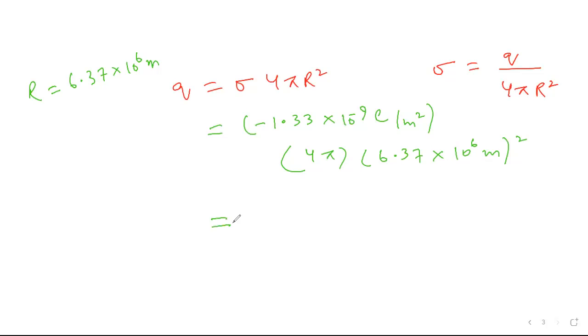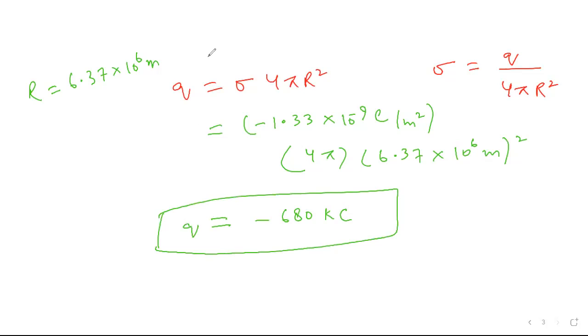When we do the calculation, it turns out to be minus 680 kilocoulomb. So Q is minus 680 kilocoulomb, and you know 1 kilocoulomb is 10 raised power 3 coulomb.